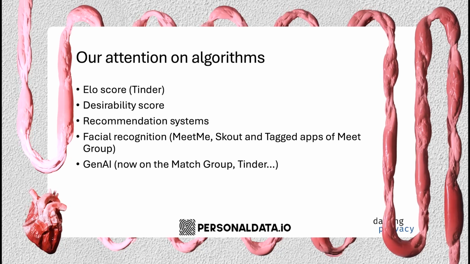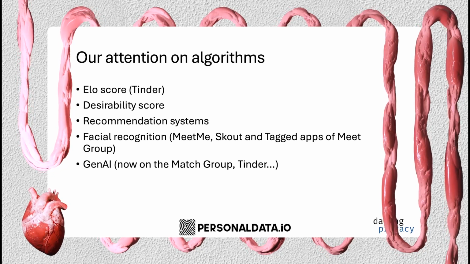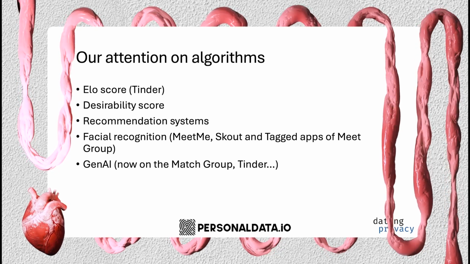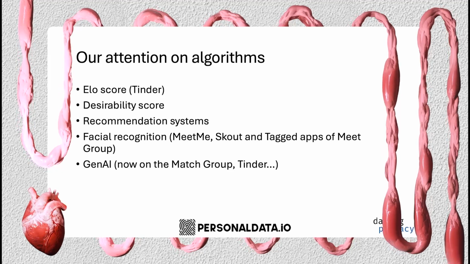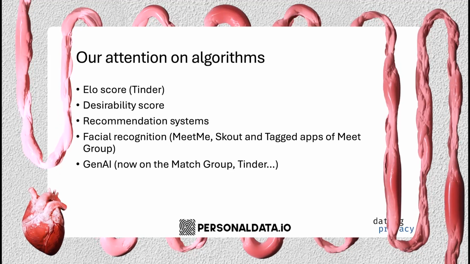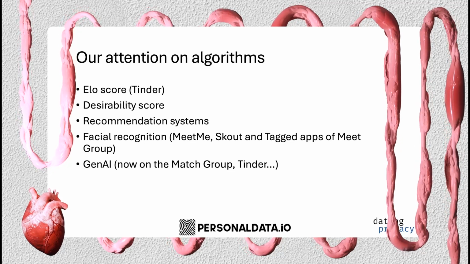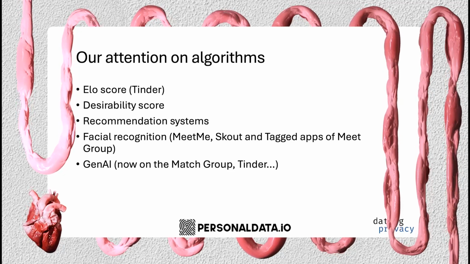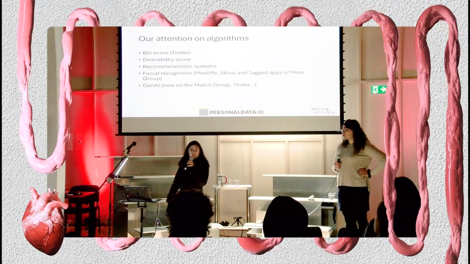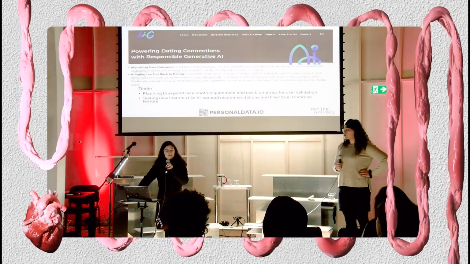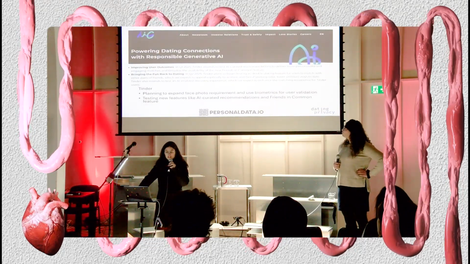Then we have other algorithms that are used for facial recognition. And this is in many other apps, but the thing is that it's entering dating apps to authenticate, verify your identity. And now we are also seeing that apps are introducing generative AI. How they're going to use it, it's not very clear.